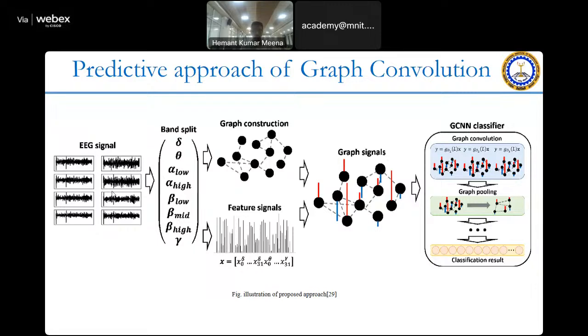He has taken the EEG signal, band split it, and then graph construction, then feature signal. Thereafter, a classifier, and then you are able to predict which emotion is there. It is exactly the convolutional, it fits there, but the only thing is that the initial convolution is basically the graph convolution.